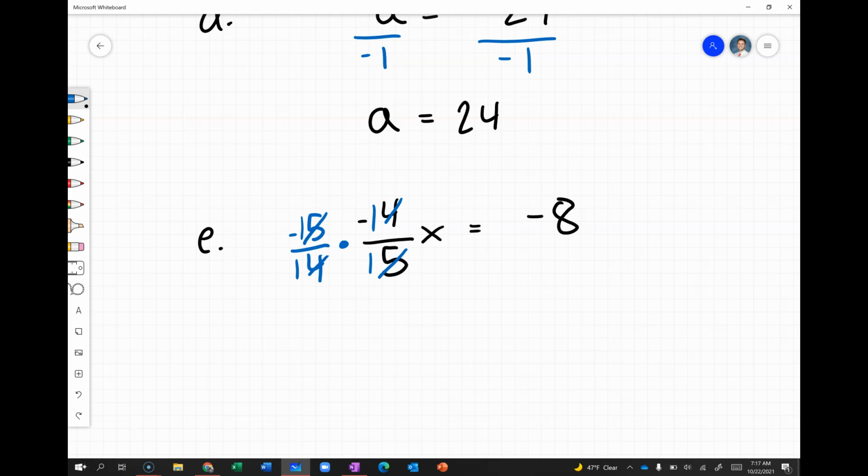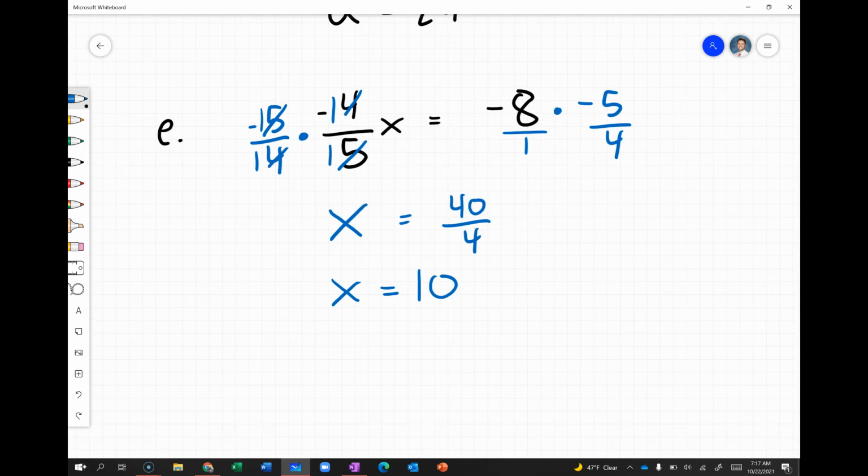And that negative times negative, you're going to get simply a positive 1 times x. So here we have just x. And on the right side, we also need to multiply by negative 5/4. And you can see that would give us 40/4, which simplifies to simply 10.